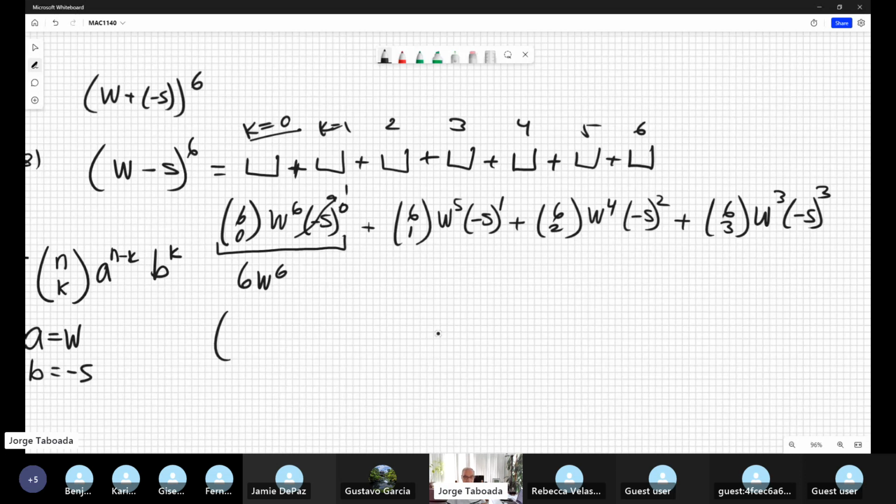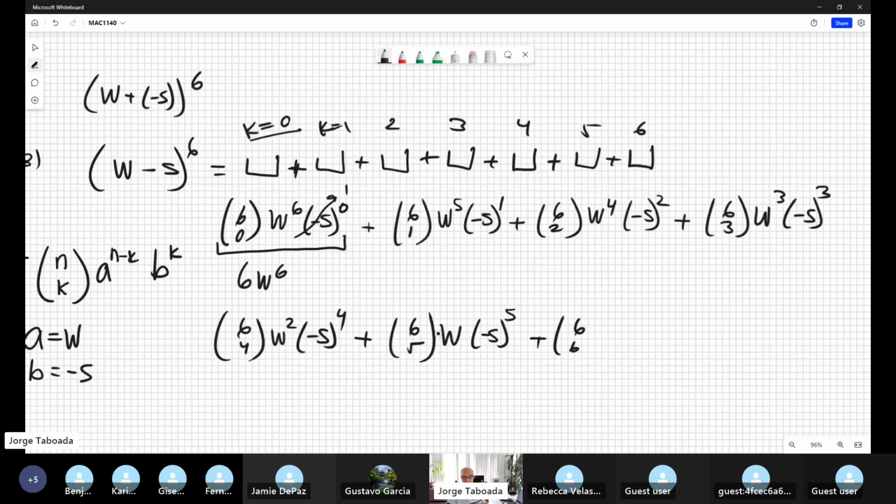Next is combinatory number 6, 4, W2 minus S to the 4 power. 2 plus 4 is 6. Plus combinatory number 6, 5, W1, invisible 1 exponent, minus S to the 5th power, plus combinatory number 6, 6, no W, it's W to the 0, which is 1, so it's invisible, and minus S to the 6th power.